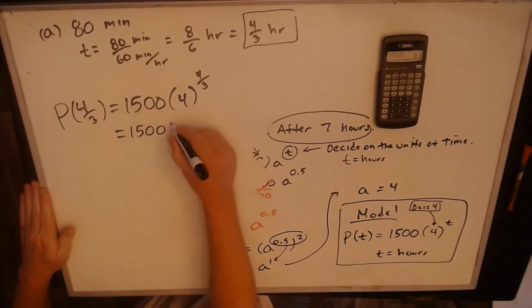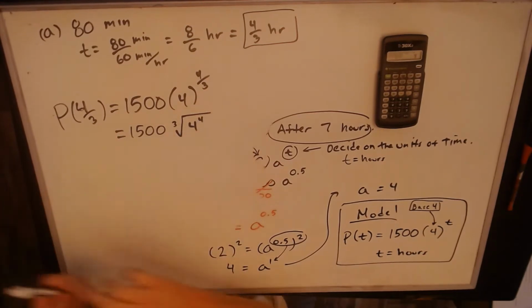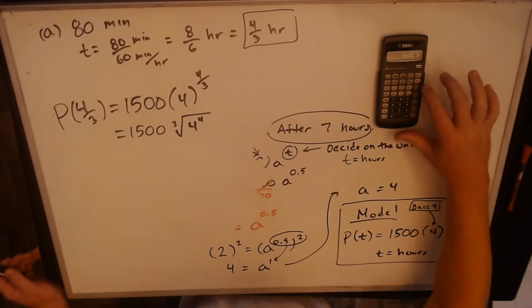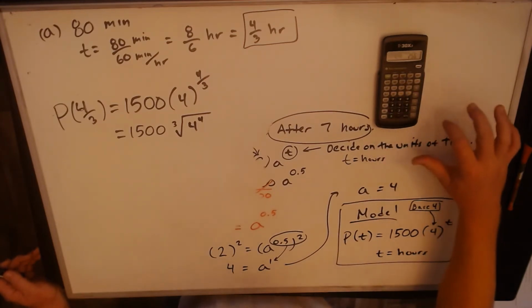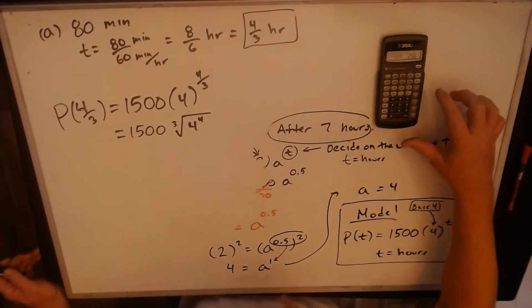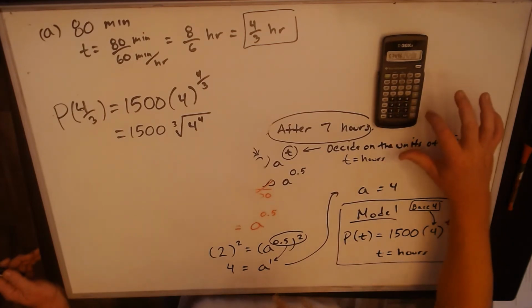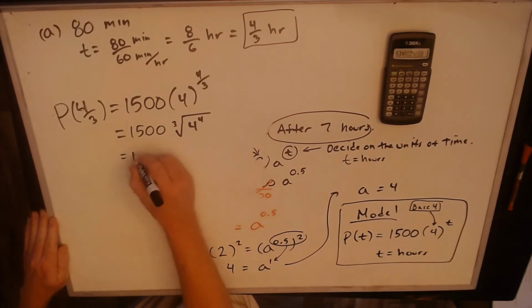This is the cube root of 4 to the 4th. So we've got 4 to the 4th power. That's 256. And we'll do the cube root of that, which is 6.34.